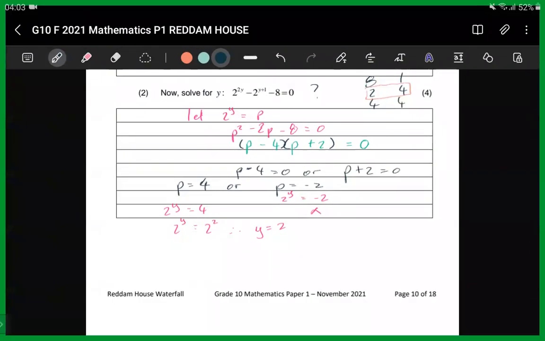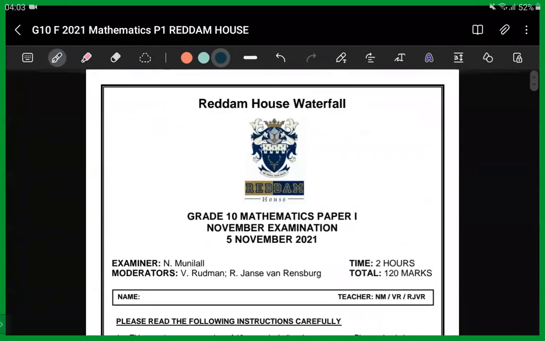From my side, that is all. I was going through this paper because it is a paper that one of the students that I tutor privately was given as a practice paper.